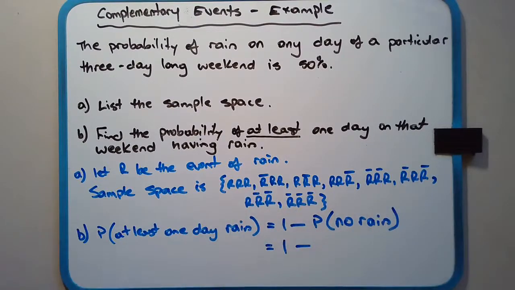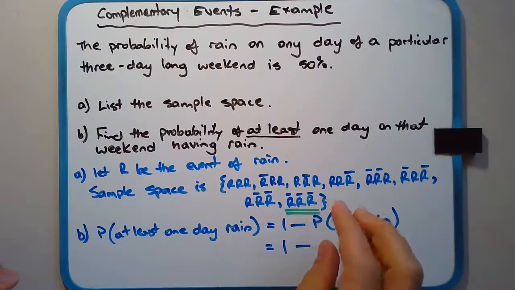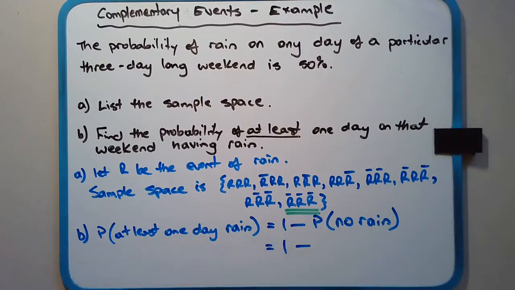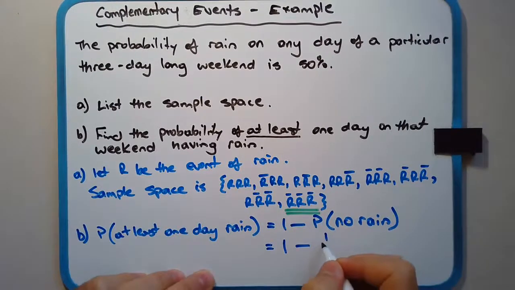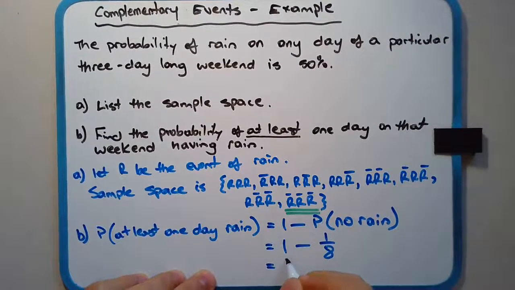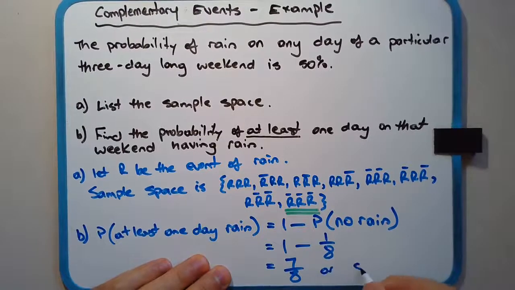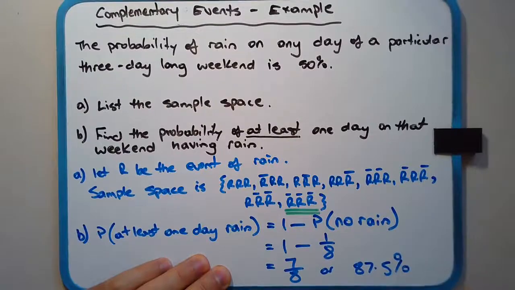So what we're effectively doing is taking out that outcome there, subtracting that from 1, and that gives us then the probability of the remaining outcomes, which are actually the ones that we're interested in. So that's going to be 1 minus 1 on 8, which equals 7 on 8, okay, or 87.5%.